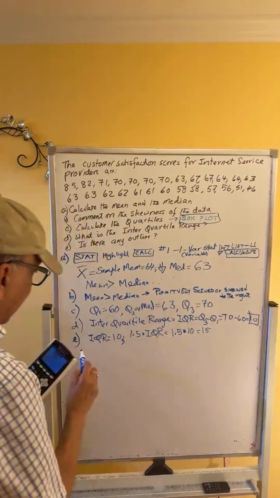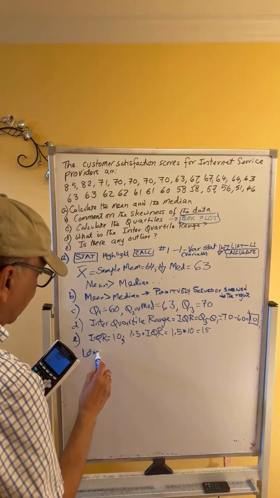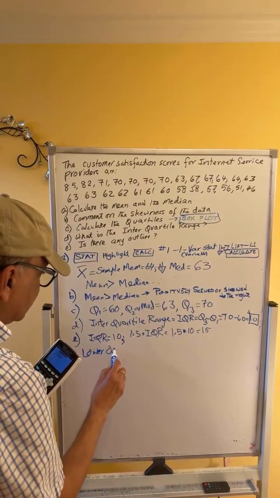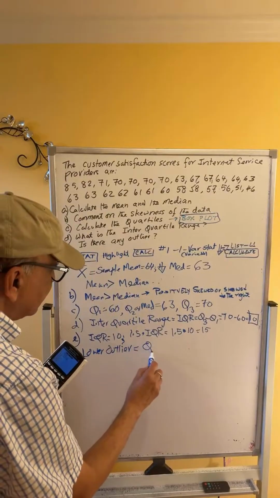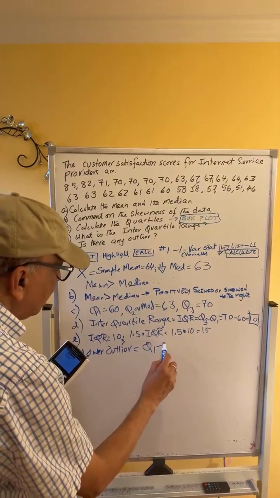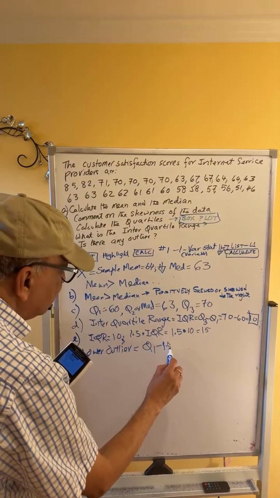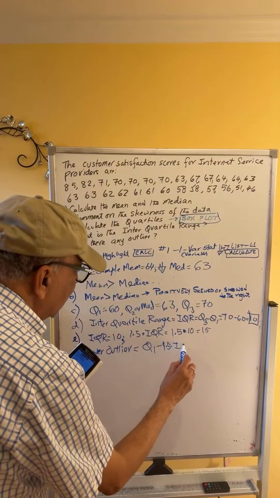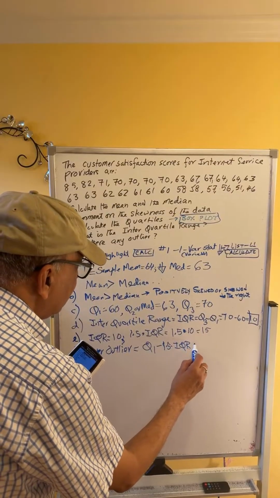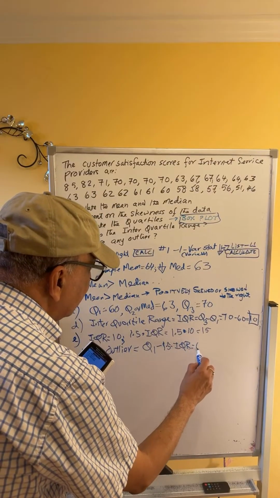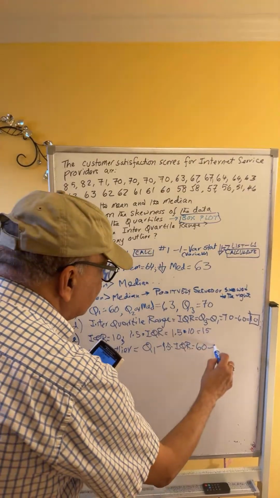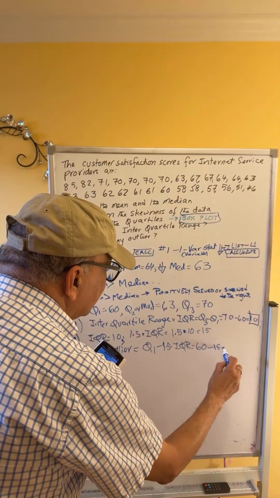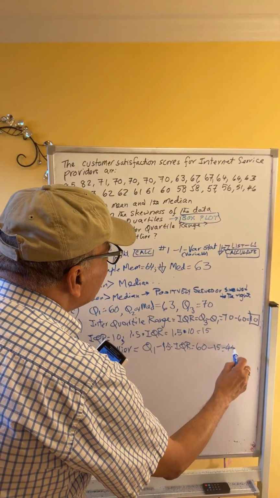Then we calculate the lower outlier boundary, which is on the left, by subtracting 1.5 times IQR from Q1. Now what is my Q1? It's 60 minus 15. 1.5 IQR is 15. 60 minus 15 is 45.